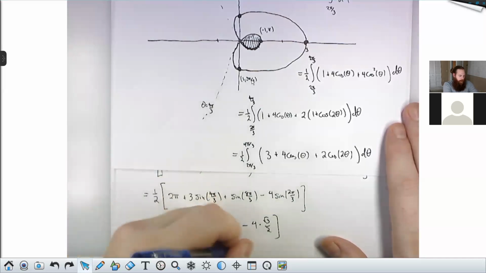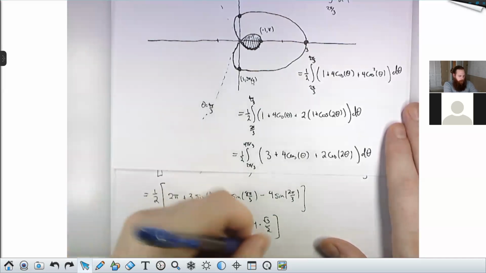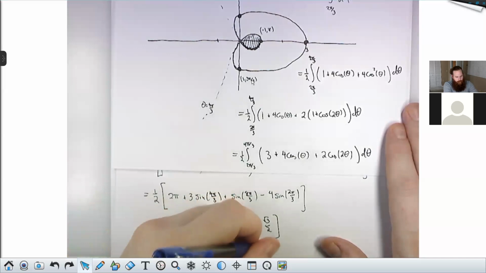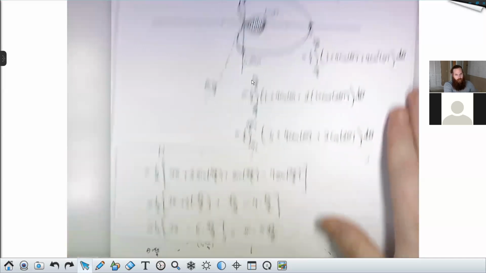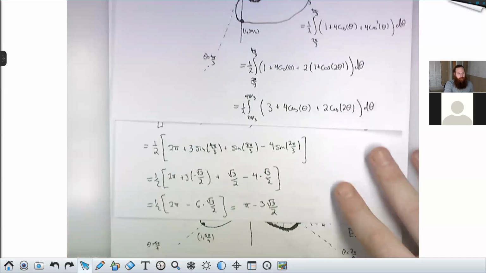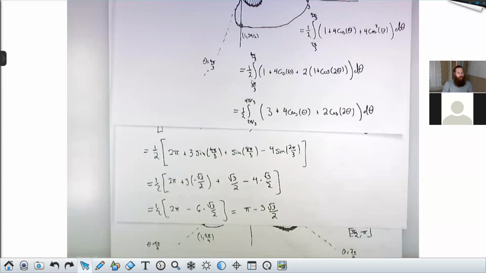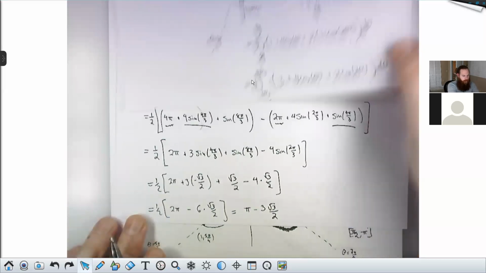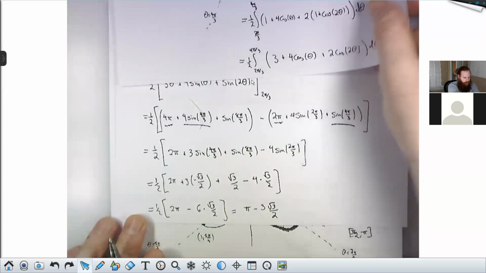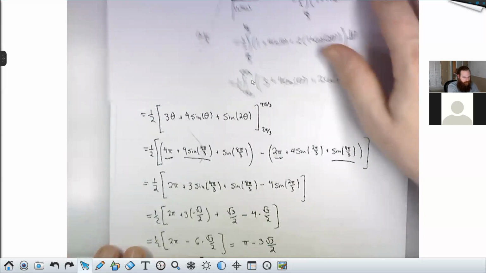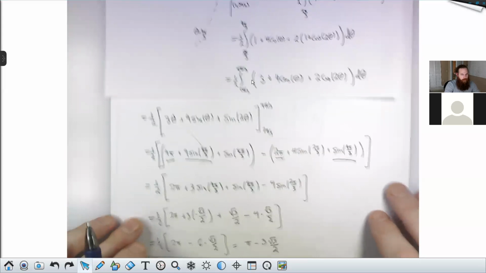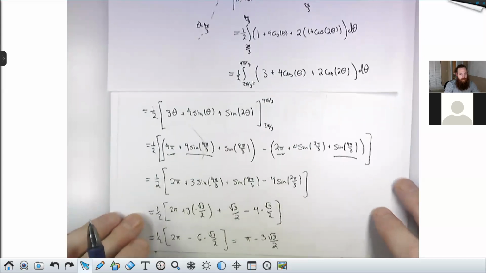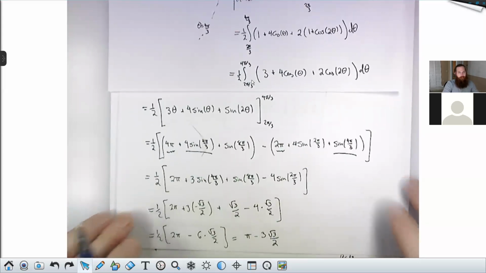So what is that? That's pi minus 3 times root 3 over 2. All right. Sorry, so here are all the calculations for this guy. I think everything fits there now, right?